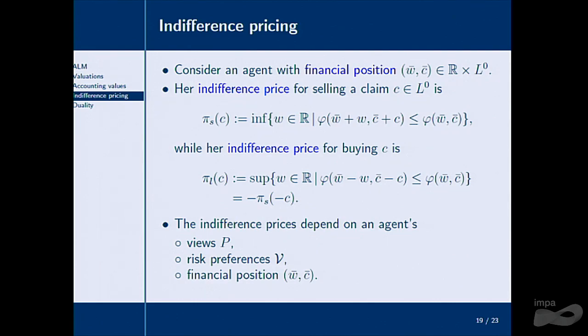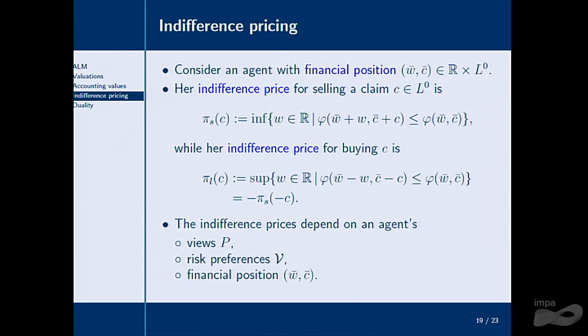Then the next notion of a value, the indifference price. So here we are looking at an agent who already has some initial wealth, I denote that by W bar, has some initial liability, denoted by C bar. And then the question is, if he were to trade something, he would change his financial position.